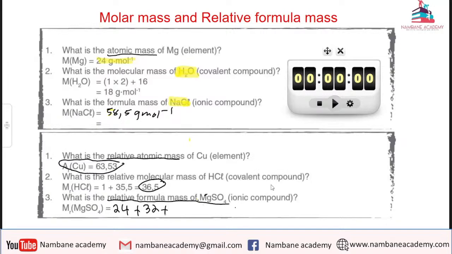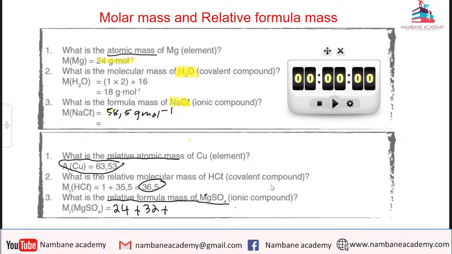We actually got it right. Let's now do 4 multiplied by 16 nicely. Very good. I am happy with that.